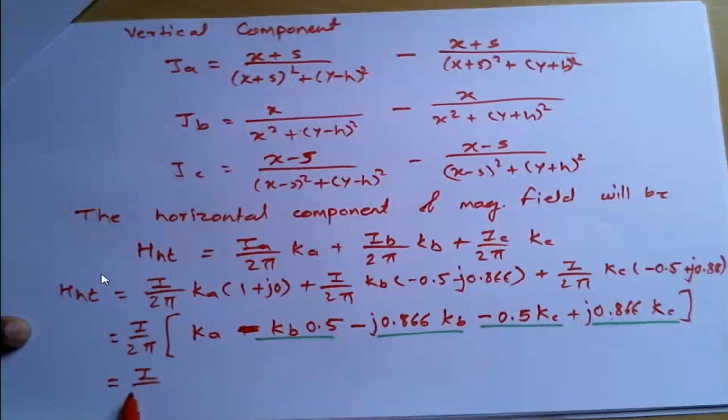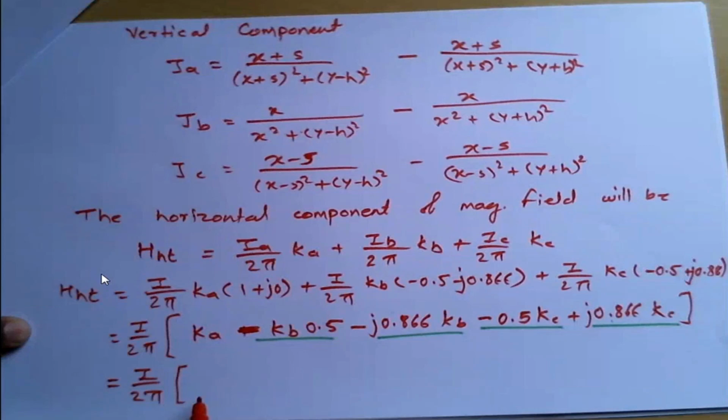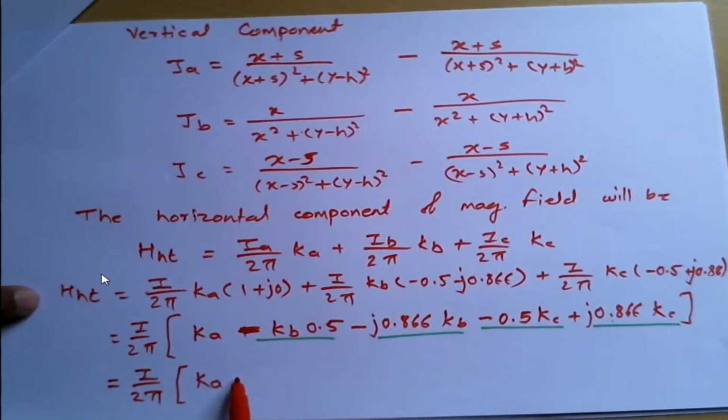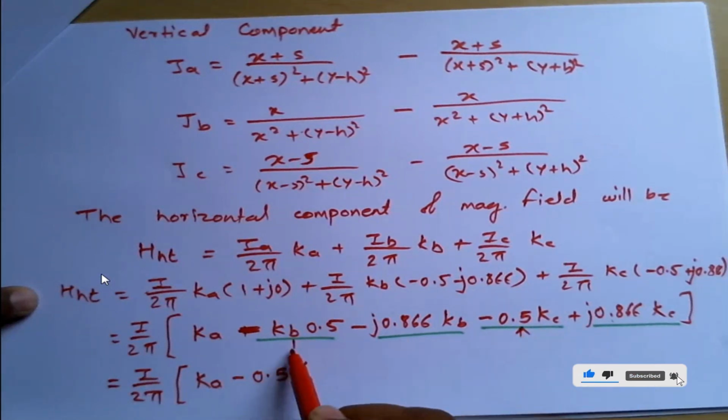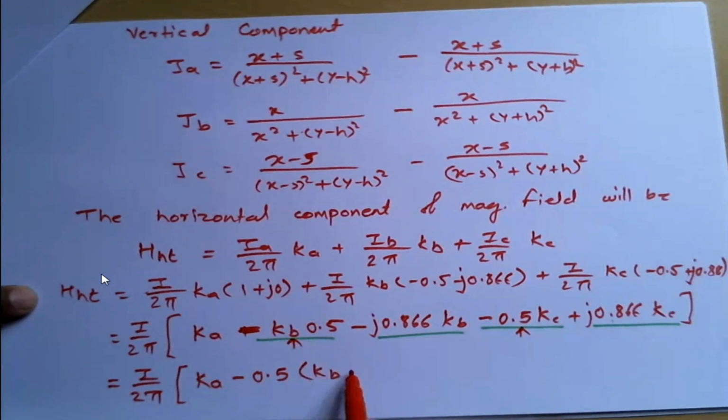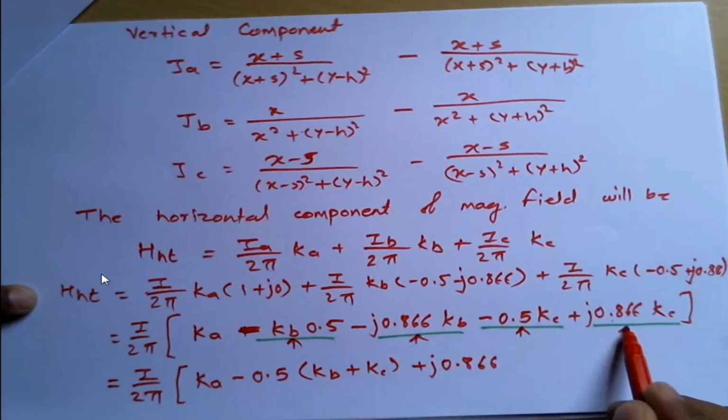So just write down the equation. This is I upon 2 pi, Ka as it is, minus 0.5 inside the bracket, in these two terms it's Kb plus Kc, and I will take plus J 0.866 common from these two terms.